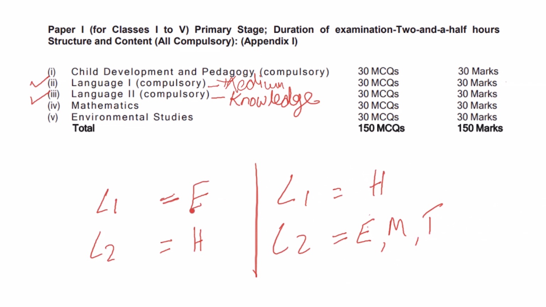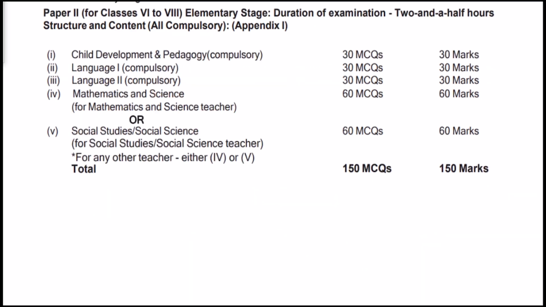If you are good in English, you should go with English as language 1, and whatever else you are good at, it could be Hindi or Malayalam, that should be your language 2. And if you are comfortable with Hindi, you know everything about Hindi, then language 1 should be Hindi, and for language 2 you can choose either English, Malayalam, Tamil, Urdu, etc. I hope this is clear to you.